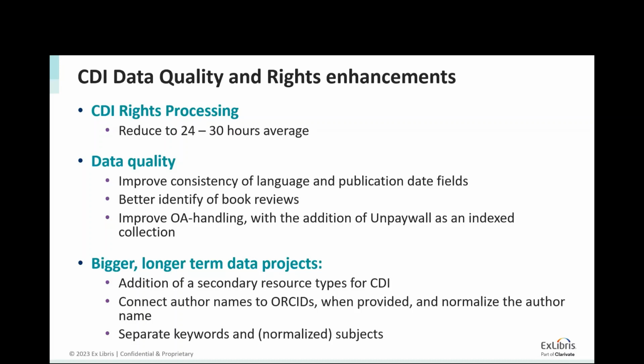The first one is addition of secondary resource types for CDI. This is really to add some more attributes to resource types that can be used for filtering and also for flagging items on the result list. The one that is most important, I think also to you, that is at least the feedback that we had, is retractions, to be able to flag them on the UI better and also use that as an additional filter.